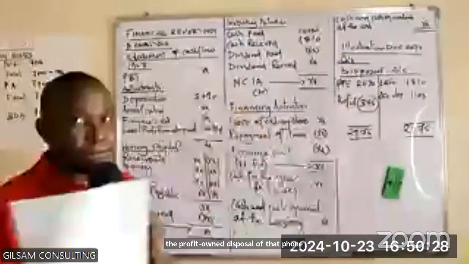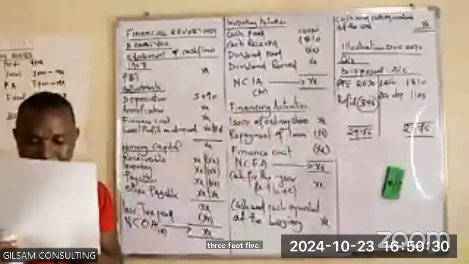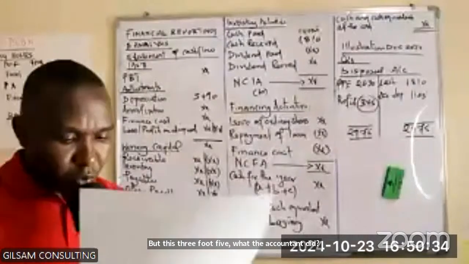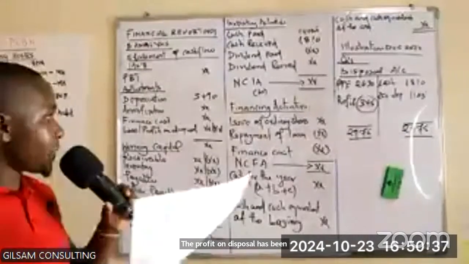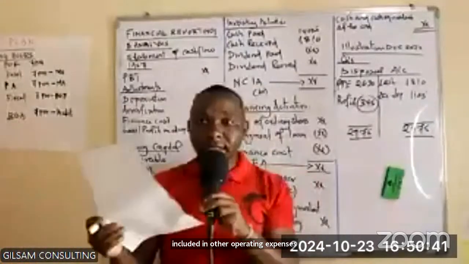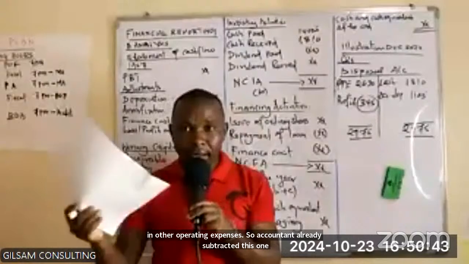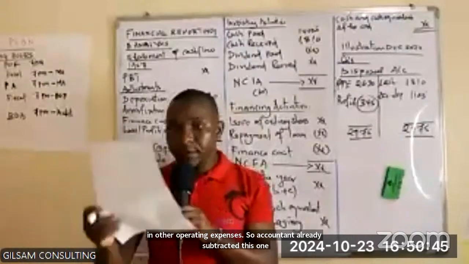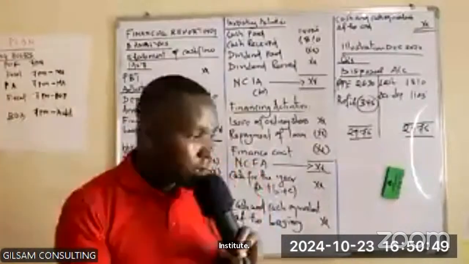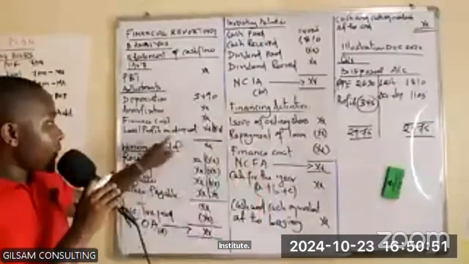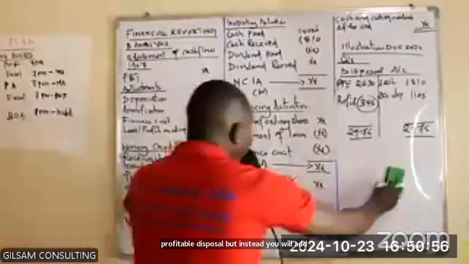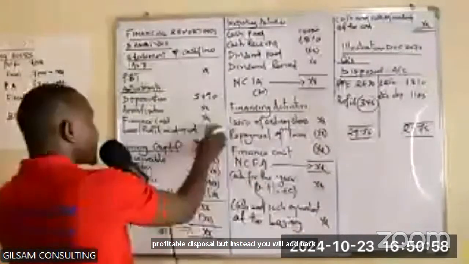But this 345, what the accountant did, the profit on disposal has been included in other operating expenses. So accountant already has subtracted this one, which means we will not subtract here the profit on disposal, but instead we will add back. So we will come here, put the profit on disposal.